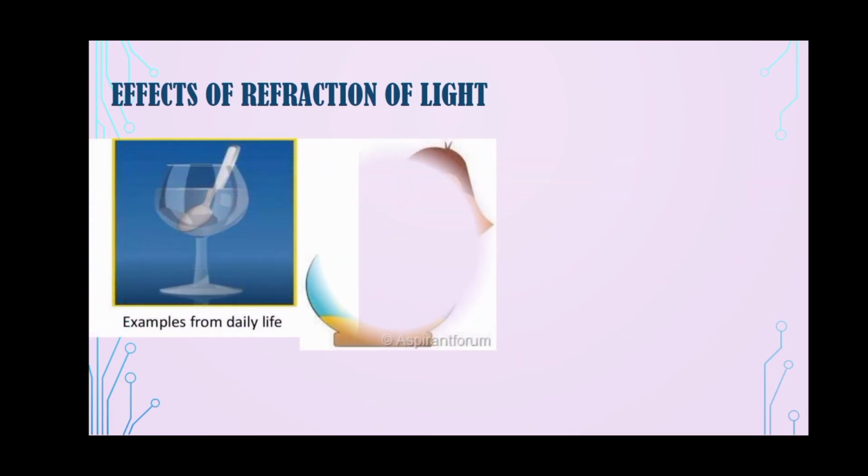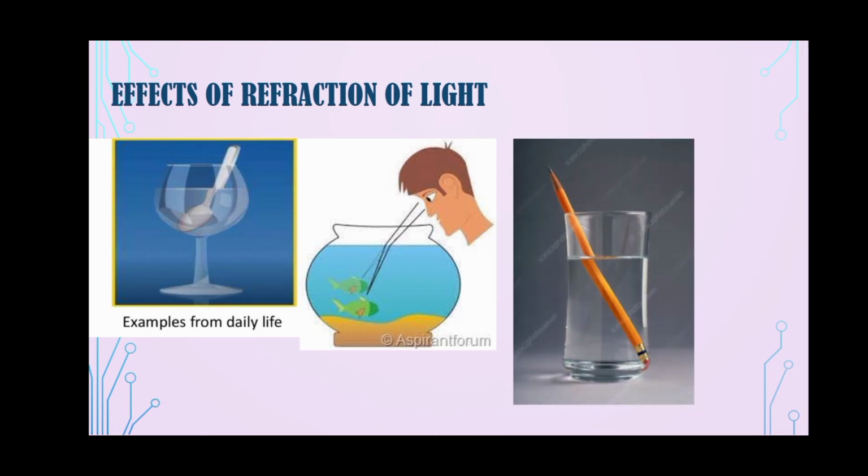An object placed under water appears to be raised. The stars appear to twinkle on a clear night. The lemon kept in water in glass tumbler appears to be bigger than its actual size when viewed from the sides. When a thick glass slab is placed over some printed matter, the letters appear raised when viewed from the top.